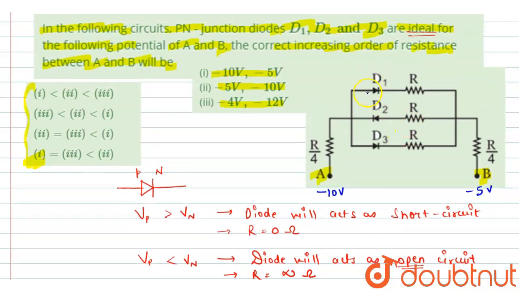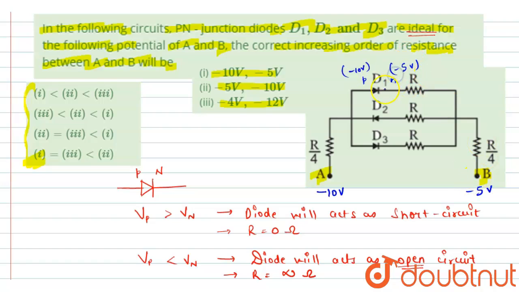Let's see now for diode 1. This is the P side and this is the N side. The P side is connected with minus 10 volts and the N side is connected with minus 5 volts.